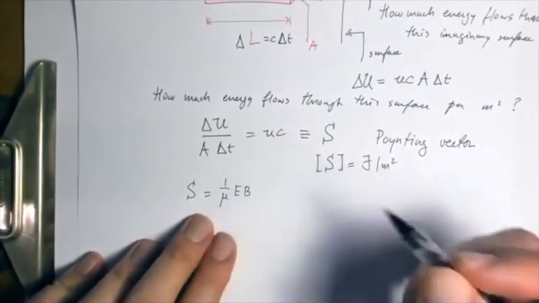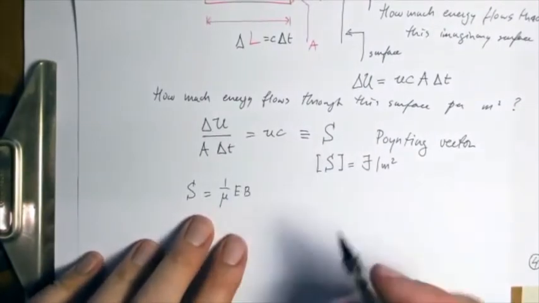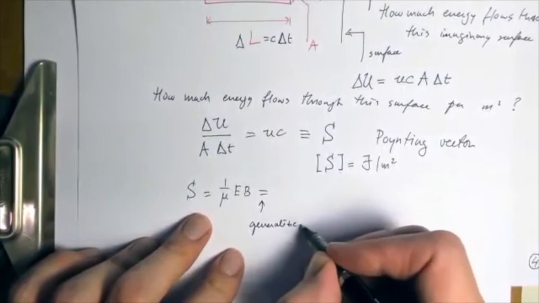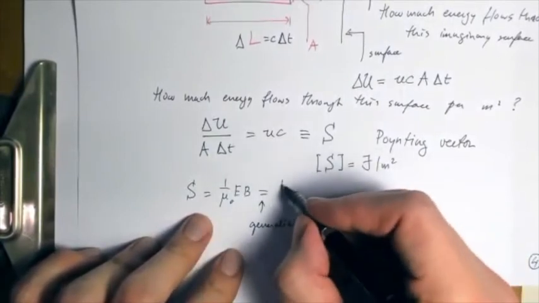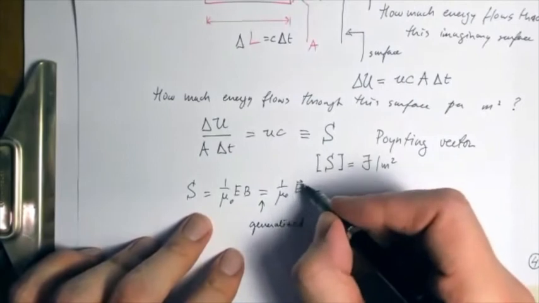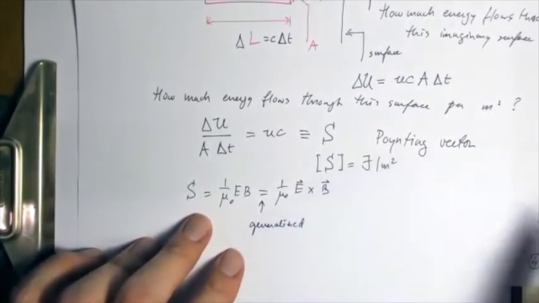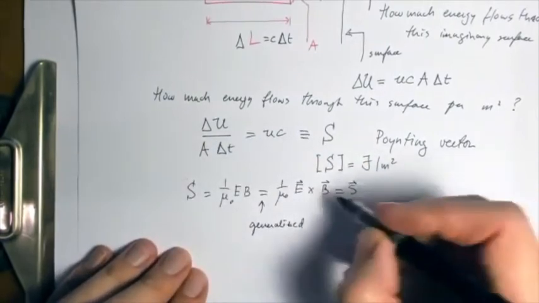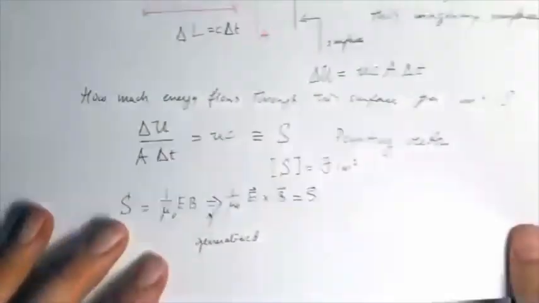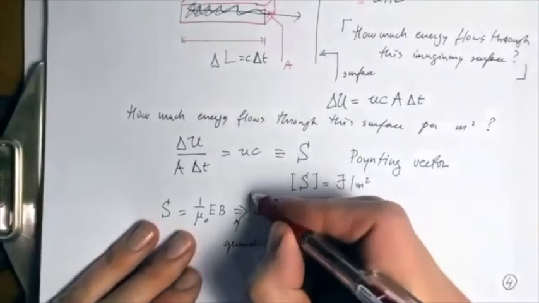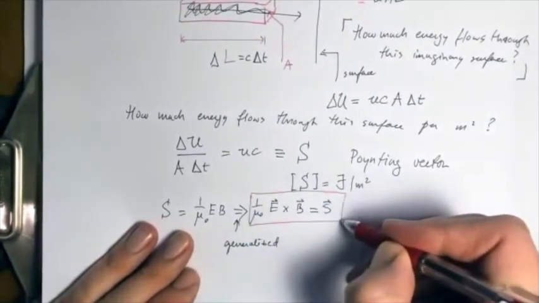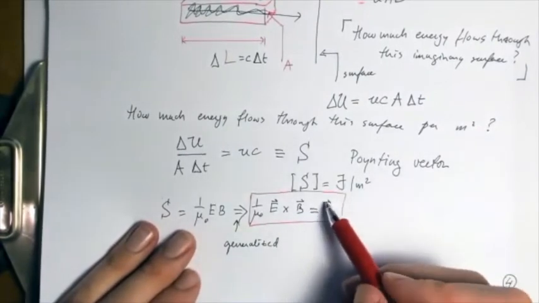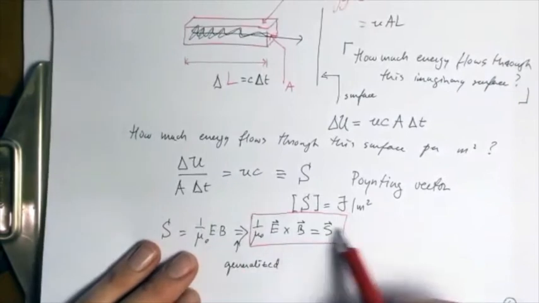We're going to call this E times B. Or generalized, it's 1 over mu naught, E crossed with B. And now we're talking about a vector. So we generalize this. So this thing, ladies and gentlemen, is the Poynting vector. So we take the E field, we take the B field, we cross them, cross product, right-hand rule, gives us the Poynting vector. It tells us how the energy is flowing.